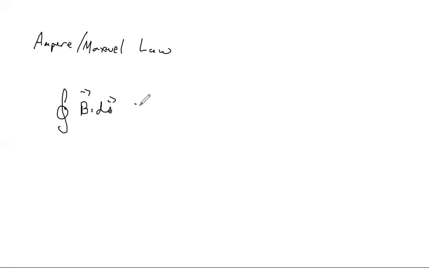So the new form, called the Ampere-Maxwell law, says that the integral of B dot ds equals mu naught I plus mu naught epsilon naught times the electric flux.